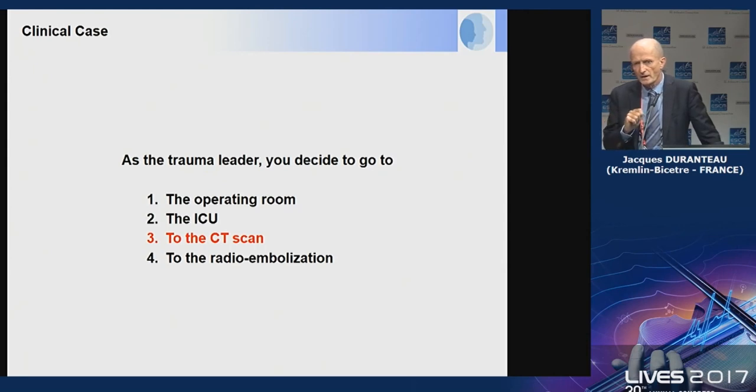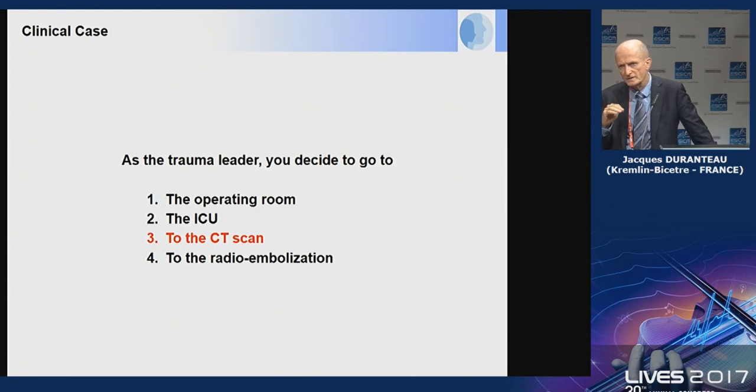When you have on your FAST an important quantity of fluid, the first option is intra-abdominal bleeding. But when you have a small or moderate quantity, it largely could be a pelvic fracture with retroperitoneal edema and a suffusion of blood at the level of the peritoneum.